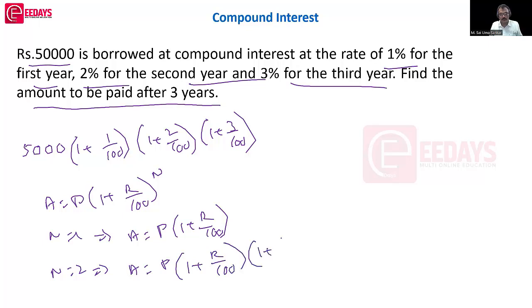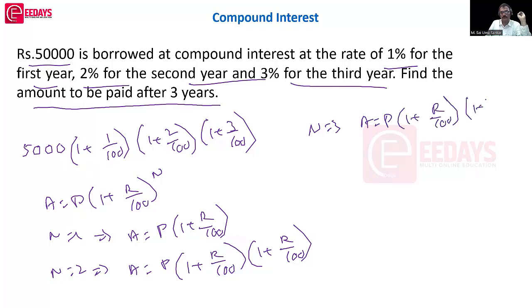Suppose n is equal to 3, then what happens? A is equal to P into 1 plus r by 100 into 1 plus r by 100 into 1 plus r by 100. Why? Because to the power of 3.